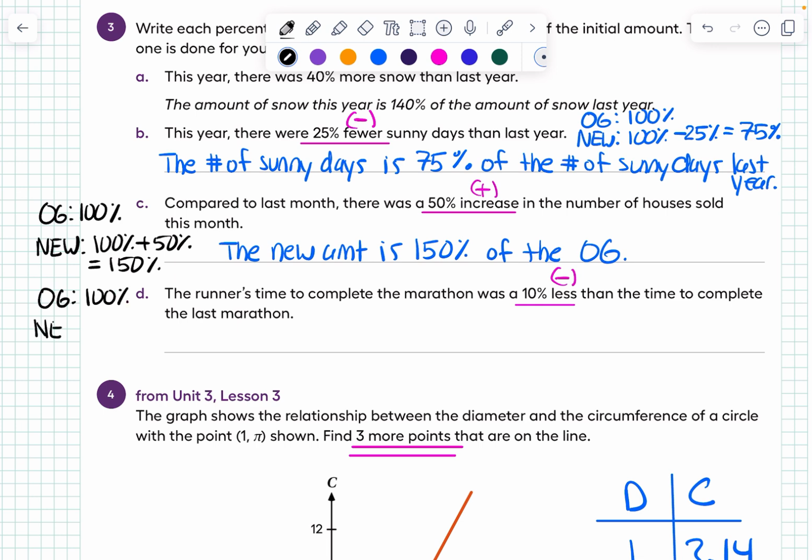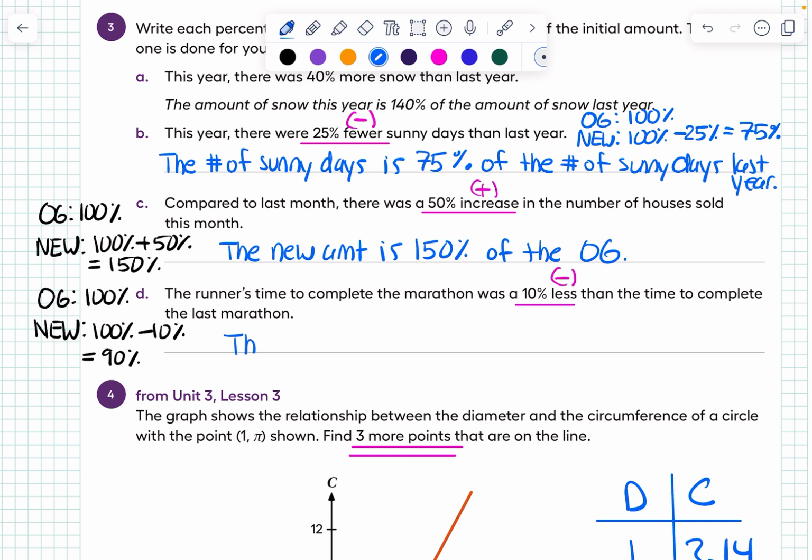The new amount, now it said 10% less, so we would have 100% minus 10% to give us 90%. So we can say the new amount, or the runner's time to complete the marathon, was 90% of the time to complete the last marathon.